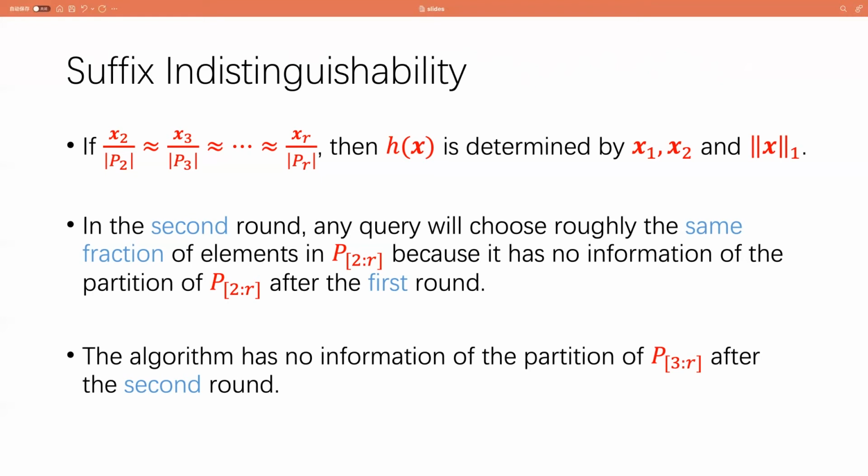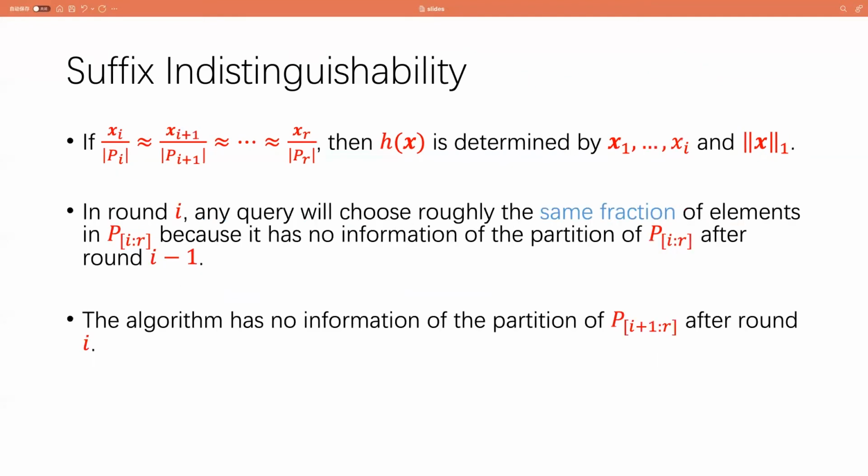And by suffix indistinguishability, the algorithm will not learn anything about P3 to PR after the second round. Similarly, for any i, we require that if the ratio of the elements in Pi to PR is chosen similarly, h(x) is only determined by x1, x2 to xi and the norm of x.